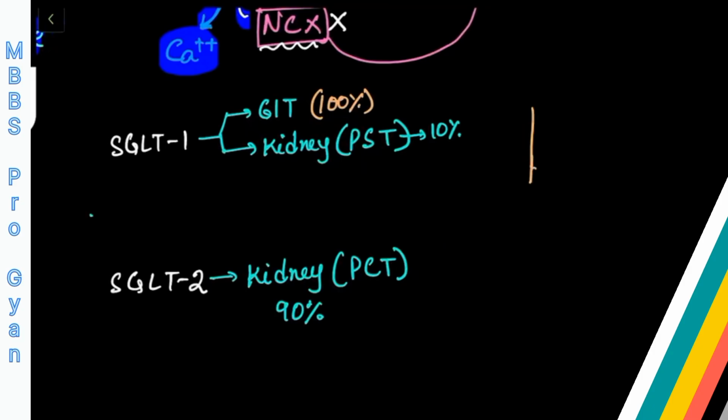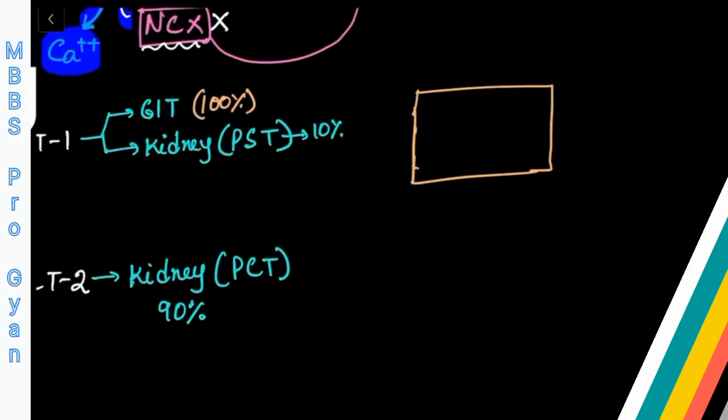Another thing. For SGLT1, suppose this is SGLT1, it is absorbing glucose and absorbing sodium from the lumen.